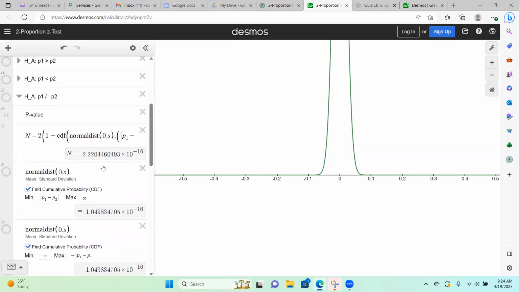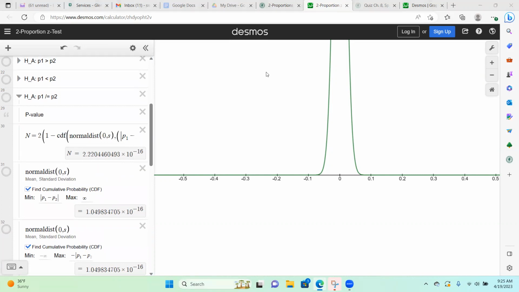So that's why our p-value is so small. Yes, our p-value is 2.22 times 10 to the negative 16. So don't forget about the scientific notation here, which tells us that it's very, very, very small.